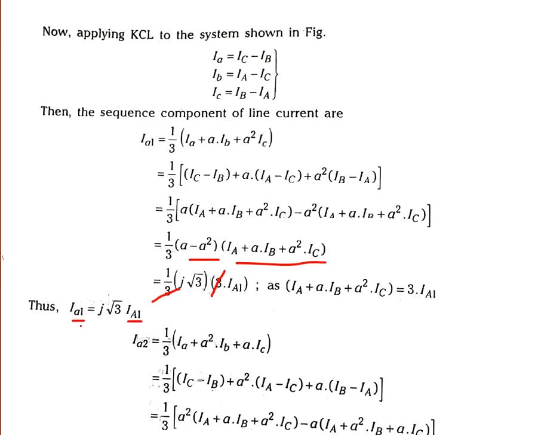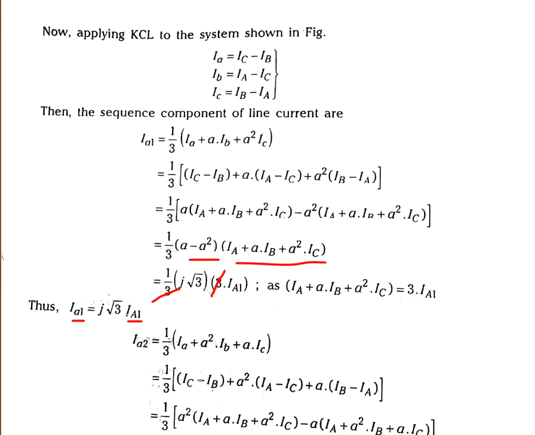Now the relation between the line sequence component and the phase sequence component is IA1 equals j root 3 IA1, where small IA1 is my line current and capital IA1 is my phase current. However, you will derive it in delta or star with the multiplication of 3. In a delta connected system, voltages are the same and line current equals phase current into root 3.